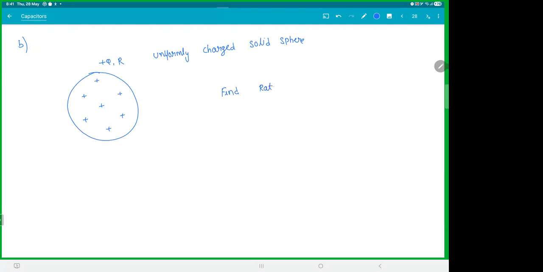Can you do this without doing any integration? When I say inside, it is from x equal to 0 to x equal to r, and outside is from x equal to r to x equal to 2r.